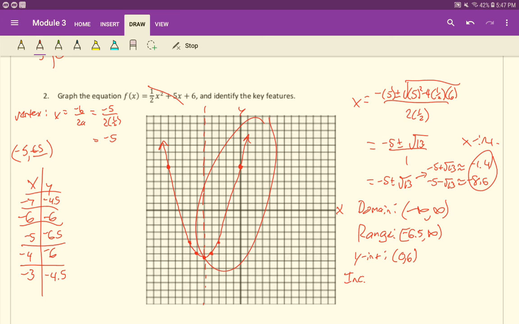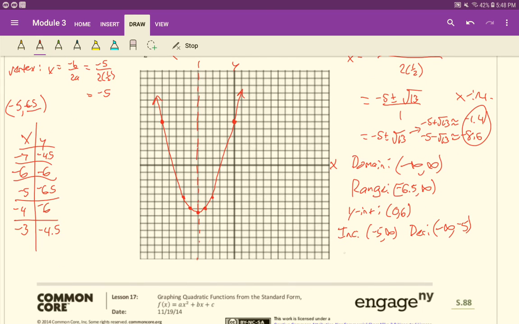Okay, increasing. Well, it's increasing on this interval right here, so that's from negative 5 to infinity. We are decreasing where? Right here. Okay, don't let this arrow trick you here. We're not going up, it's decreasing from left to right, so it's coming down on this section. Okay, so it's decreasing from negative infinity to negative 5. And then we also want to talk about end behavior.